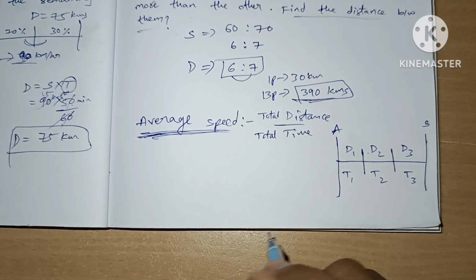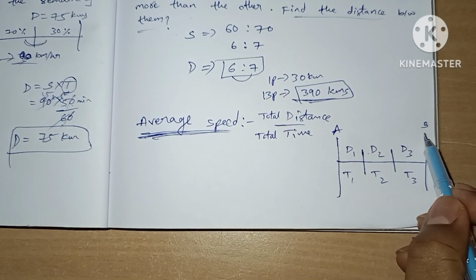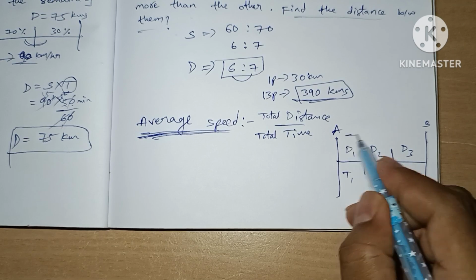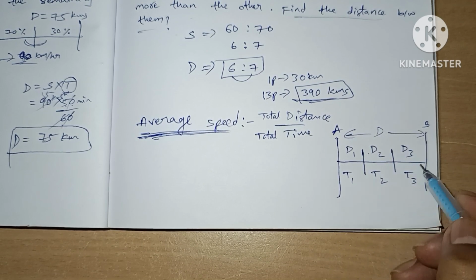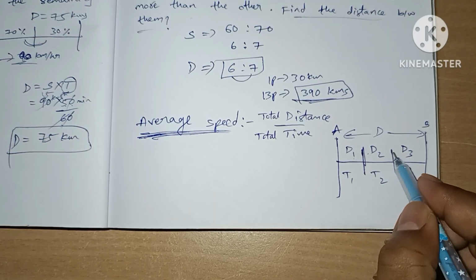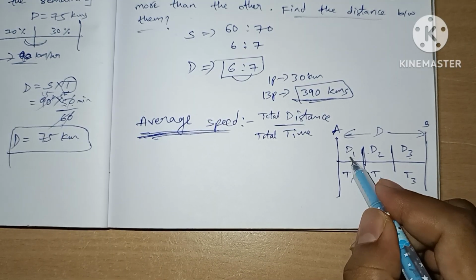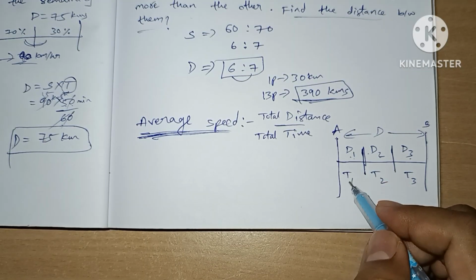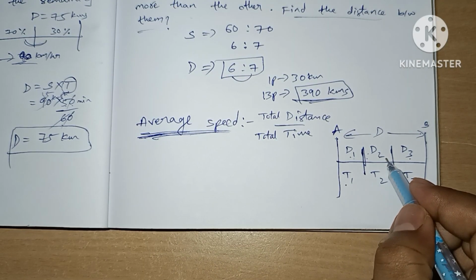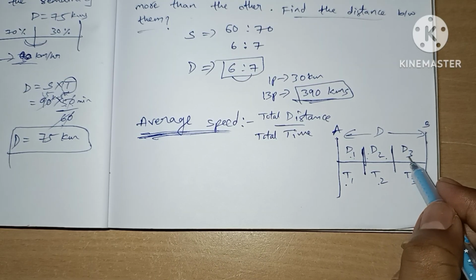First example, if in a question we see there are two destinations from A to B, the total distance is D, and it is divided in three parts, D1, D2 and D3. To cover D1, some T1 time is taken, and covering D2 distance, some T2 time is taken.